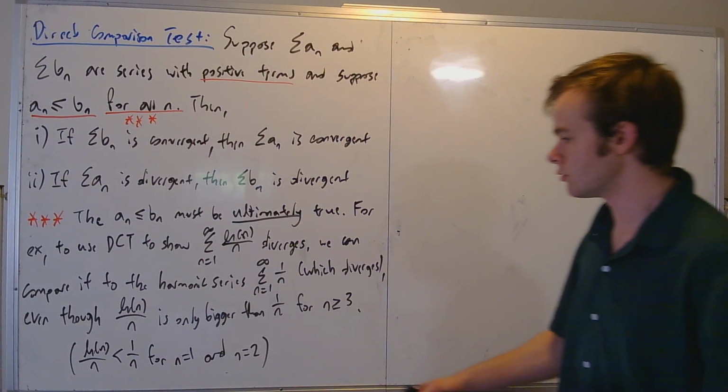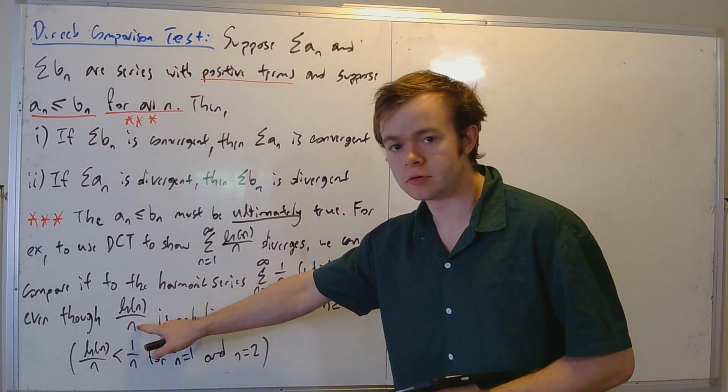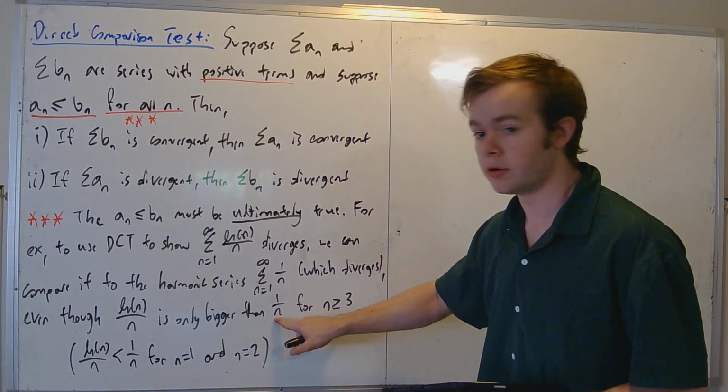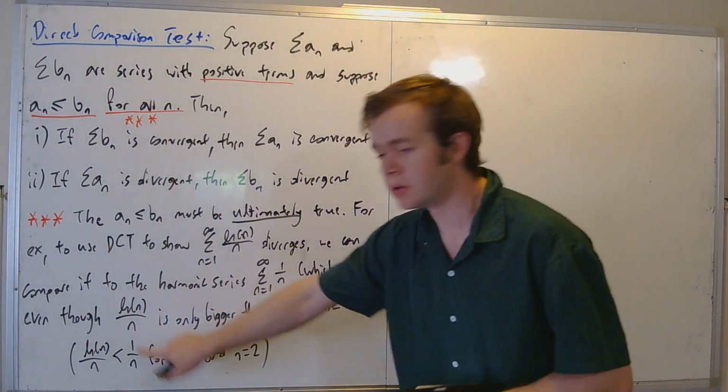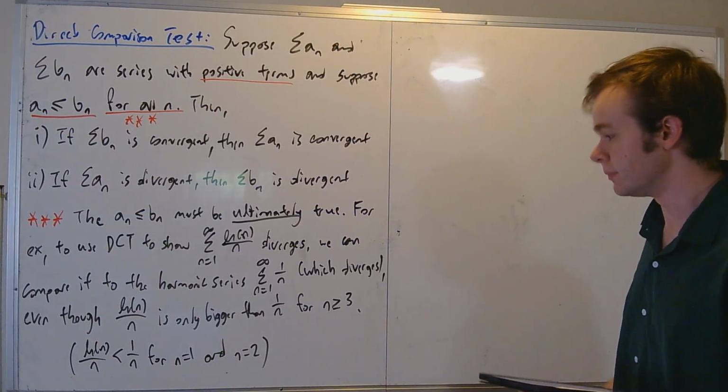So essentially this is almost always bigger than 1 over n, so if we can prove that 1 over n is divergent, then the bigger thing is also divergent. Okay.